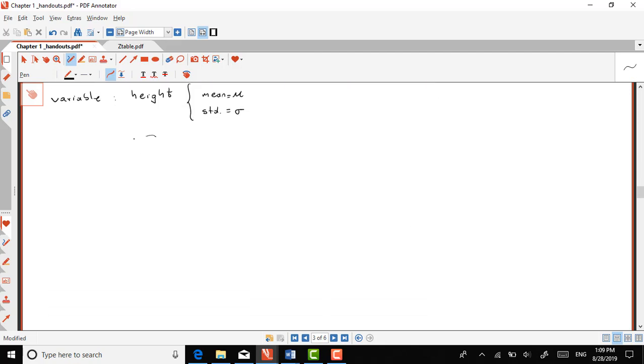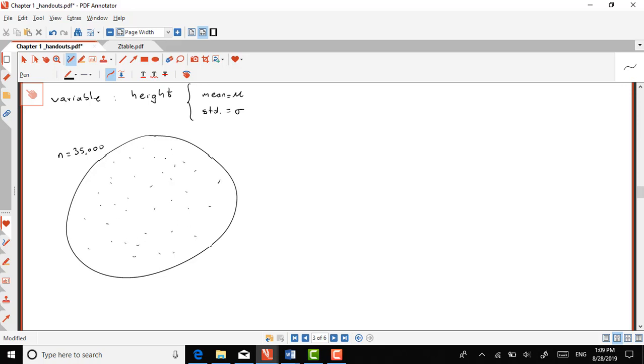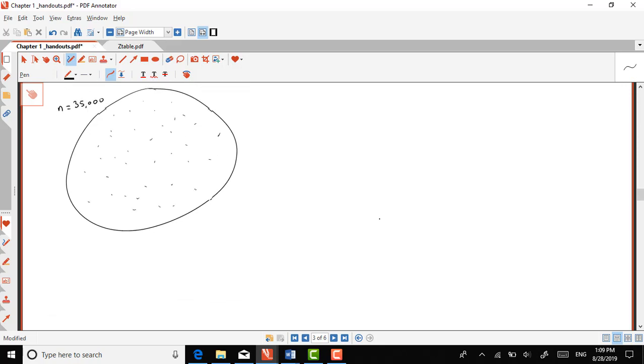So let's try to graph our 35,000 students. It looks like a petri dish, but those are supposed to be students. I'll use it later to take our samples.